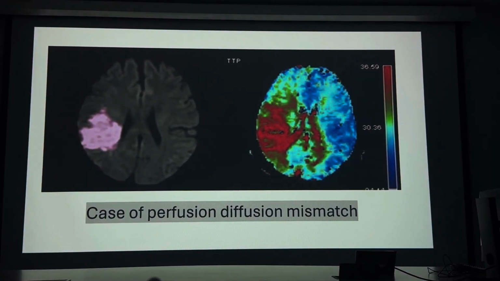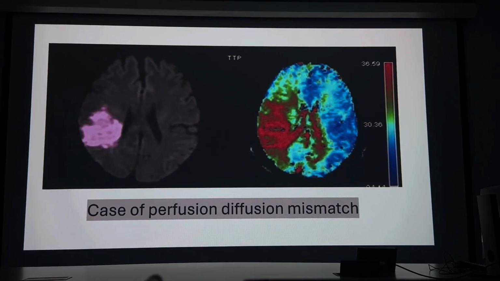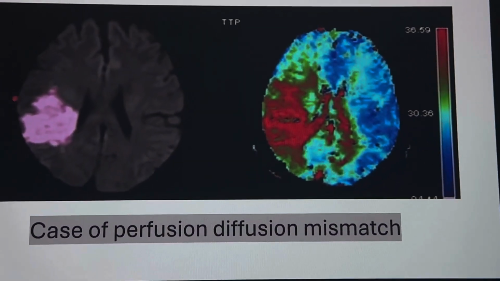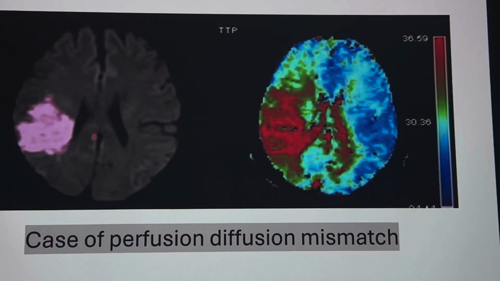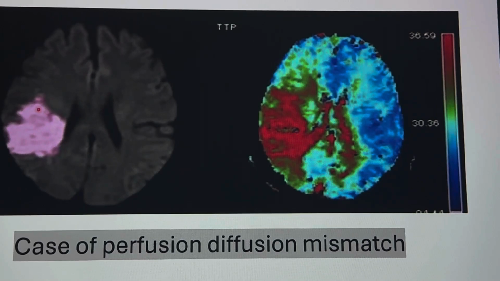MRI, same principle as the CT scan, but the difference is we compare the mismatch between the diffusion and perfusion MRI images. This is a positive restricted diffusion in the right cerebral hemisphere.